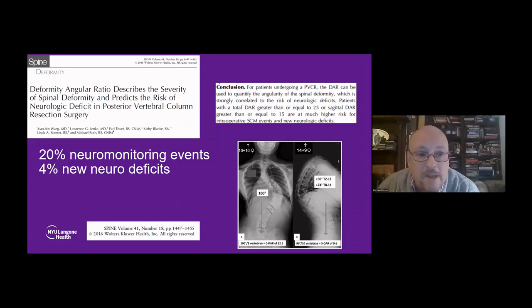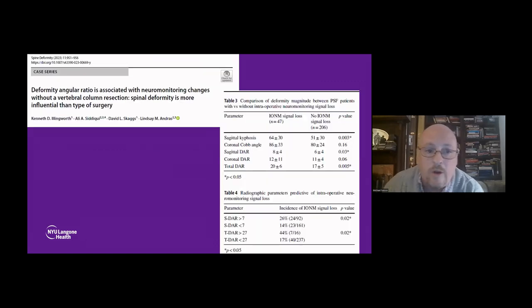Back to the bony anatomy is looking at the acuity of the curve. The deformity angular ratio has been shown in several papers to be one of the highest predictive values of having a neuromonitoring event intraoperatively. This goes back to where the spinal cord is. They're a little intrinsically related, but you can cause new neurologic deficits based on that ratio being higher or lower.